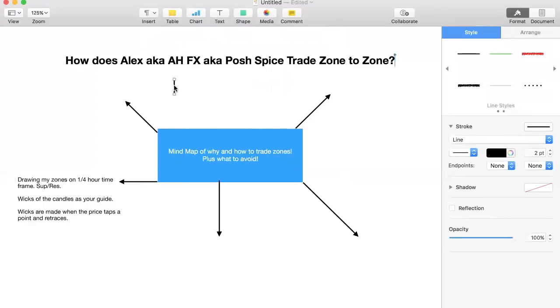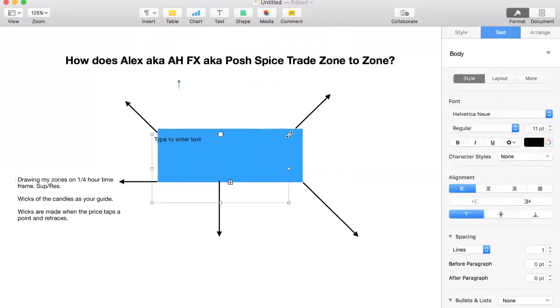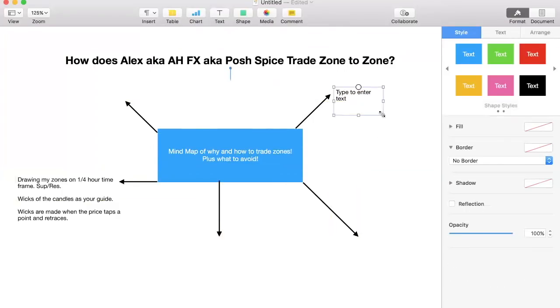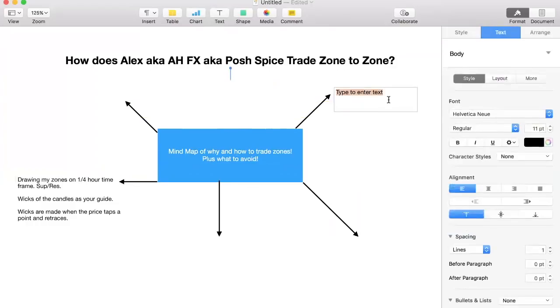Okay, next up, my biggest thing I'm looking for is if price is in the middle.